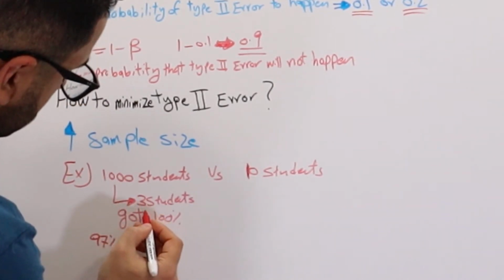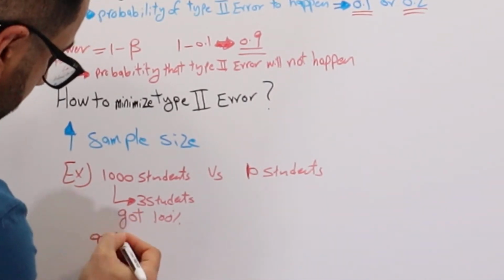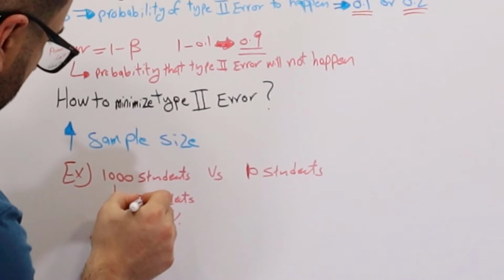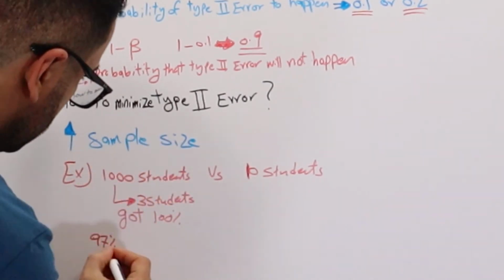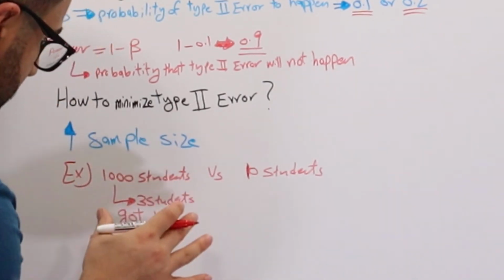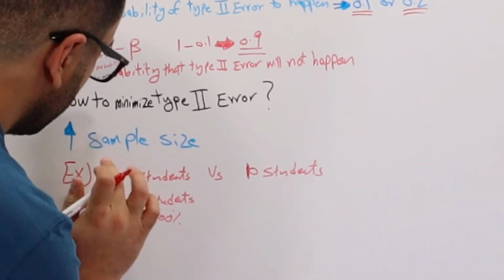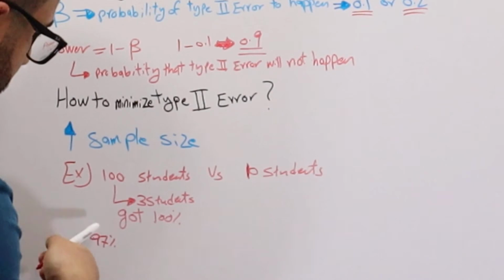Here we have 3% because of 3 students. Therefore, 97 is what's left from the total, 97% of the students got, actually let me make it 100 just to make the percentage correct.